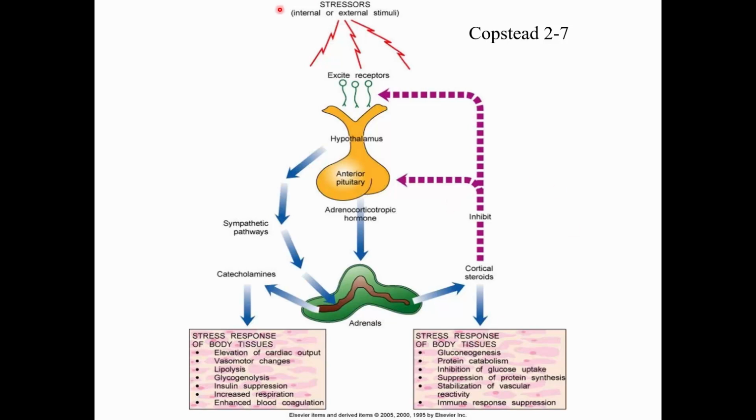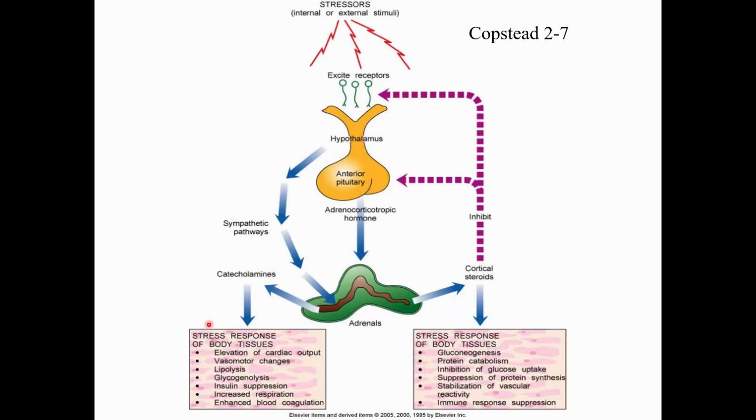Here we see a diagram of this when we have some kind of stressor. The hypothalamus activates the anterior pituitary, ACTH then goes to the adrenal cortex, and we get steroids. We also can stimulate sympathetic pathways and get catecholamines.